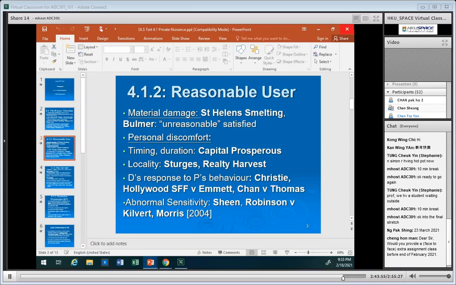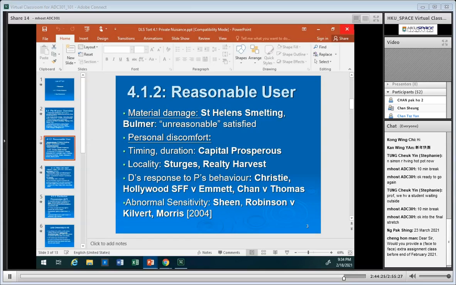Also, with regard to reasonable user, there's quite a good material on page 98. There's a bit of a summary there with the factors, environmental factors of the locality, timing, duration, and frequency. Well, that's Capital Prosperous and Sheen. Locality obviously is important. What might be a nuisance in a very upmarket part of Hong Kong may not be a nuisance in other parts of Hong Kong.